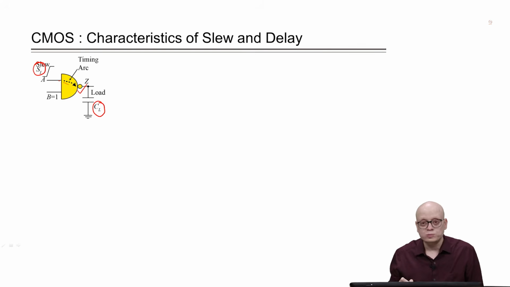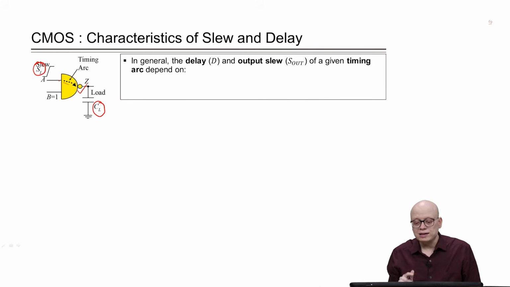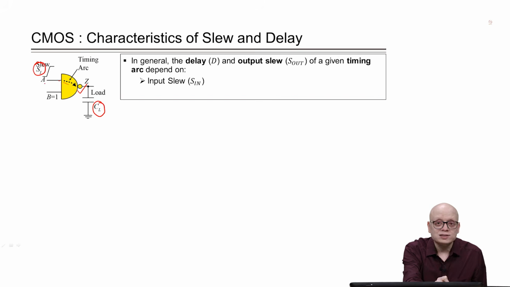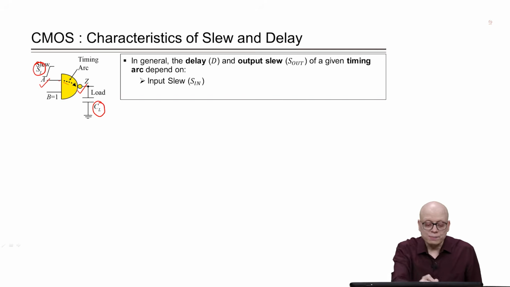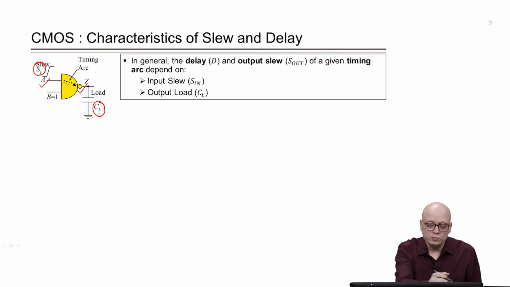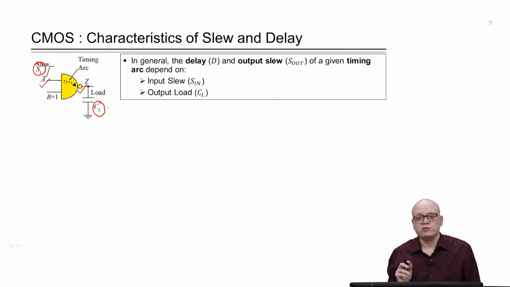this output pin Z, then these two things, delay and output slew, depend on the input slew, that is, how fast the signal is transitioning at the input, and the capacitive load that is there at the output. So, the delay and slew depend on these two things.